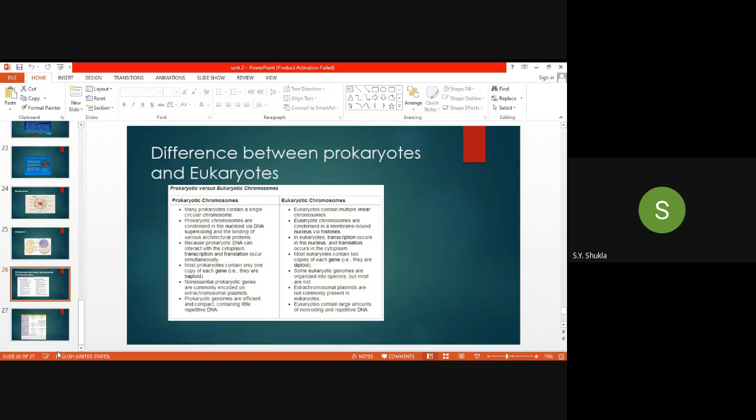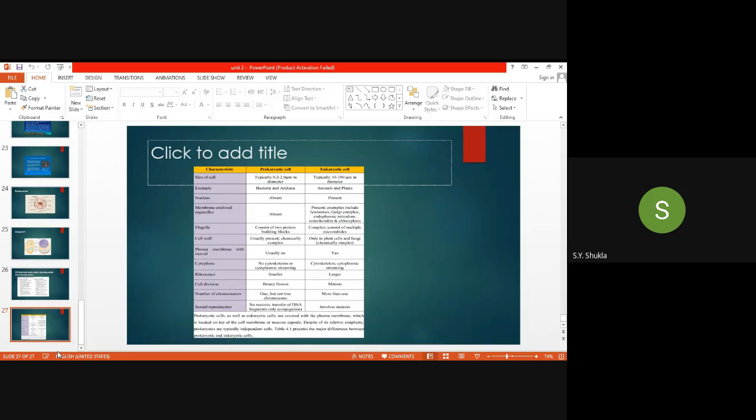Actually, there are 26 slides, and there is a difference in the characteristics. First we will discuss the characteristics, then the chromosome, and there is a diagram regarding the prokaryotic and the eukaryotic chromosome. Okay, what are the differences between the prokaryotic cell and the eukaryotic cell?